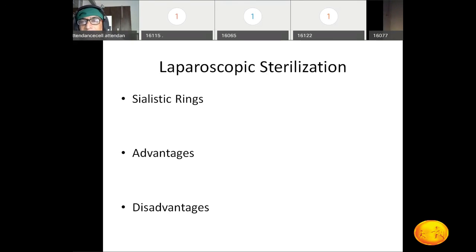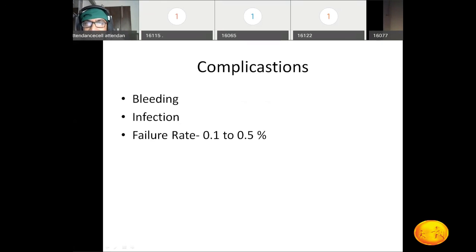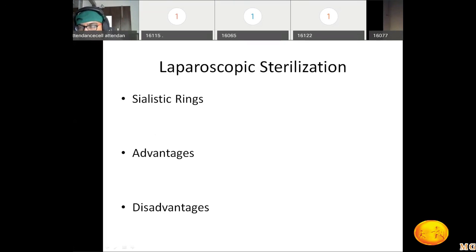Another one is laparoscopic sterilization. The Pomeroy technique is a laparotomy. This is the open technique. Another one is laparoscopic sterilization. This is common nowadays. The advantage is that it's a daycare procedure, only one suture, so it's less painful, with less hospital stay and all.